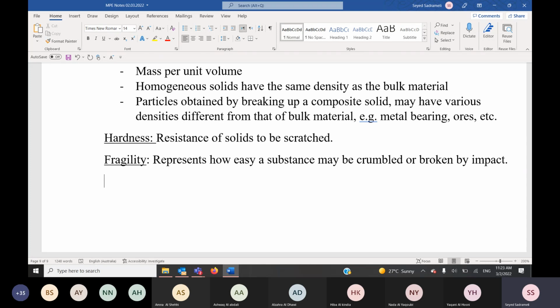So these are fragile. But sugar particles do not easily break into small pieces, so these may be hard particles. So they may have a higher hardness, or they may be fragile.